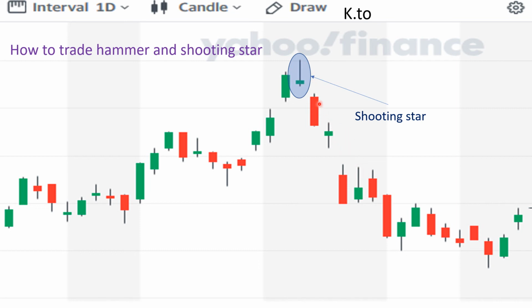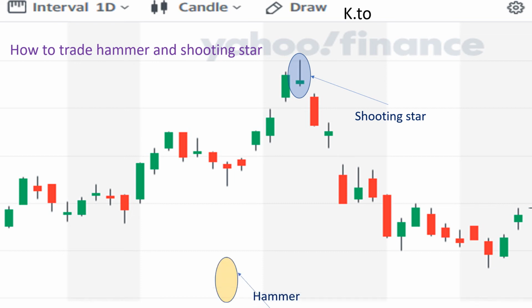So we have to wait for the next candle. If the next candle closes below the close price of this candle, then we can exit the market right there and put our stop loss maybe 1 or 2 ATR above the high of this shooting star.